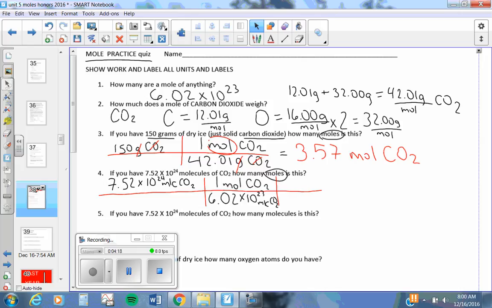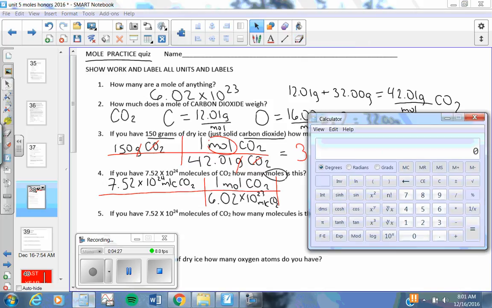For this now, we're going to plug this into our calculator. Let me open up a calculator. We're going to take 7.52 times 10 to the 24 and divide it by 6.02 times 10 to the 23. And we find that it's equal to 12.49.